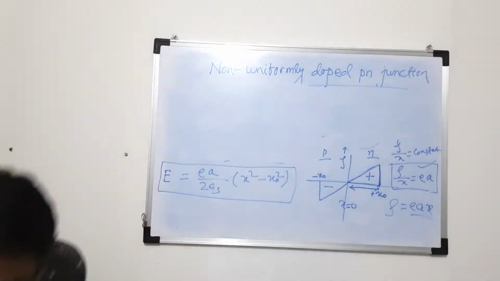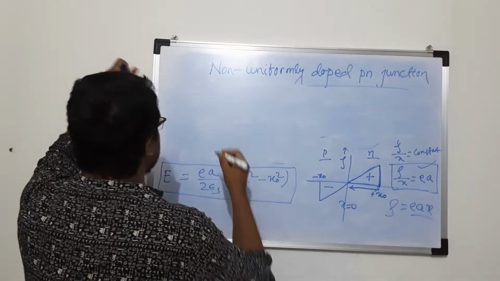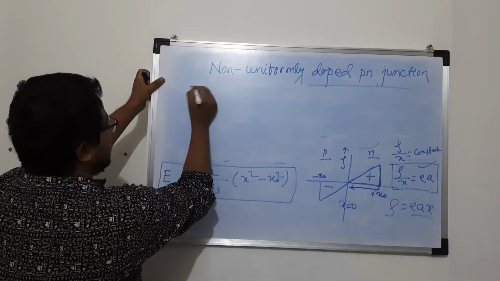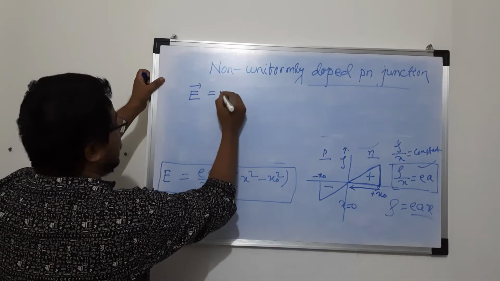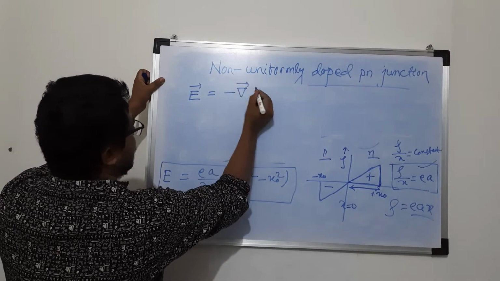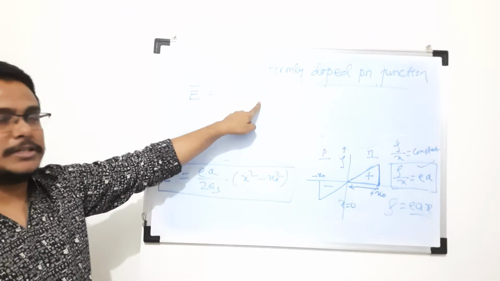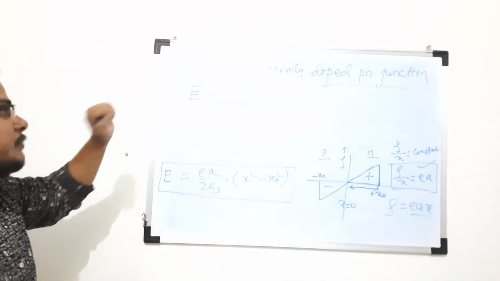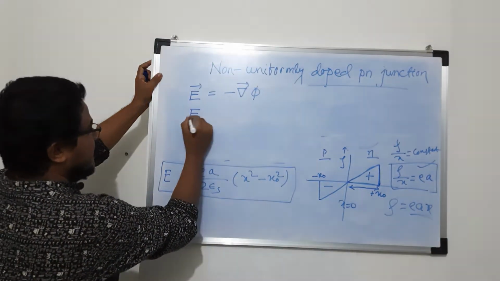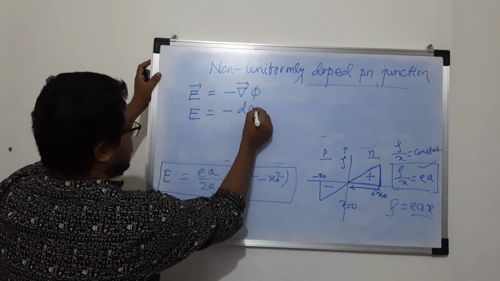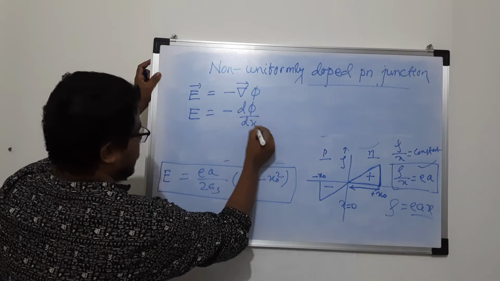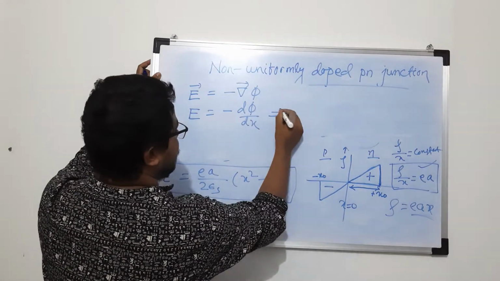In 3 dimensions, E is equal to minus del phi, the negative gradient of the potential will give you the electric field. Now in 1 dimension we can simply write E is equal to minus d phi by dx.